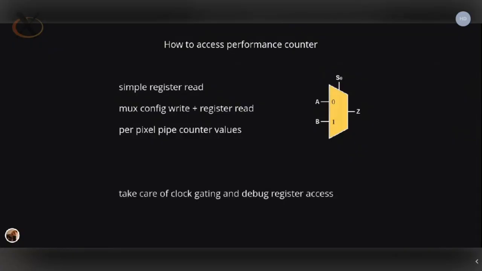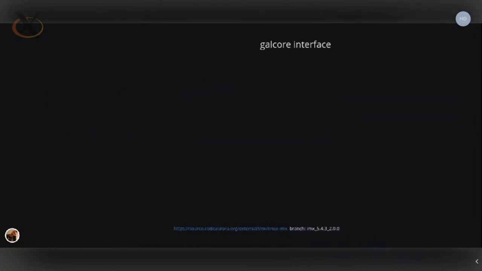And you need to take care of stuff like clock gating, and you need to enable debug register access for some kinds of performance counters. So it sounds quite easy to implement this, but let's move on to how the Vivante provided Galcore kernel driver does this.